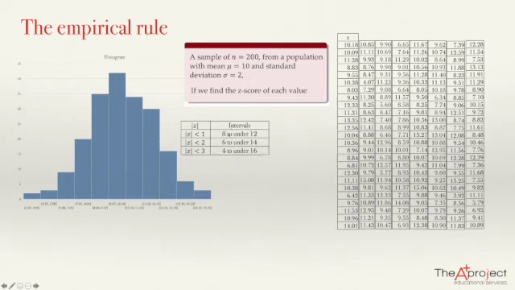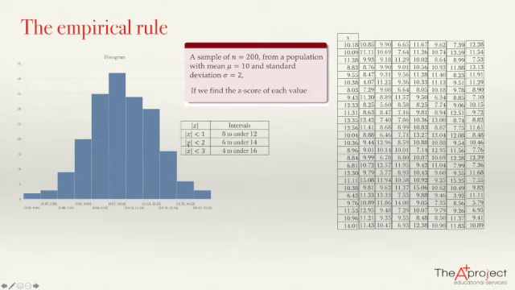So let's do that. Because the standard deviation is 2 and the mean is 10, to be within 1 standard deviation is to be in the interval between 8 and 12, because 10 minus 2 is 8 and 10 plus 2 is 12.